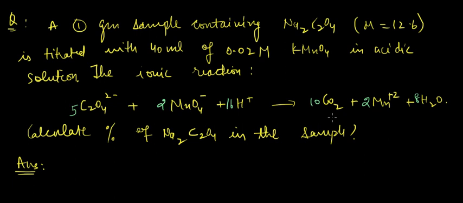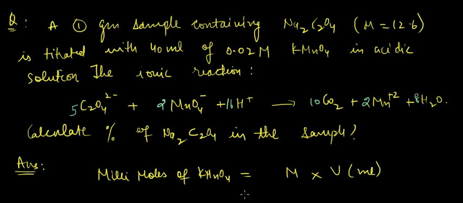So as you can see that we have 40 ml of 0.02 M KMnO4. Okay, so we can say that millimoles of KMnO4 would be equal to molarity of KMnO4 into volume of solution in milliliter.